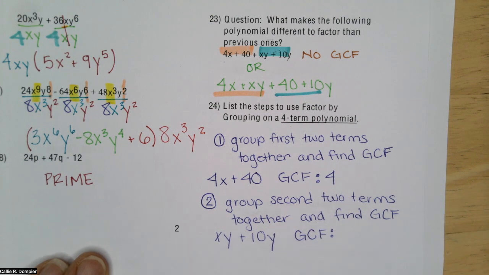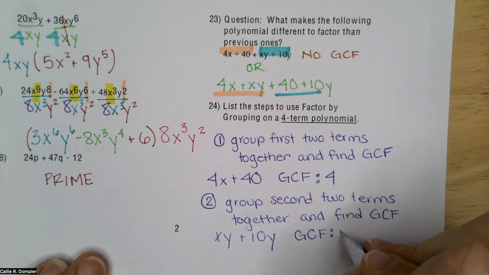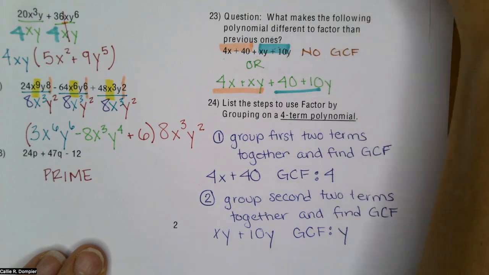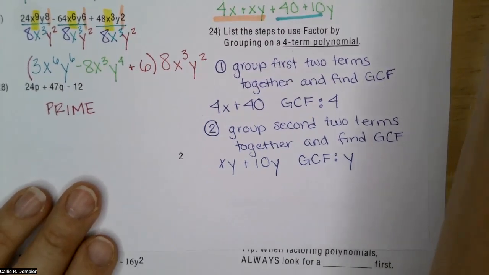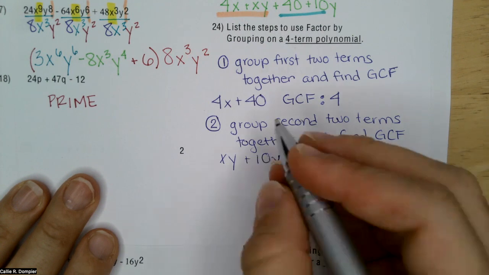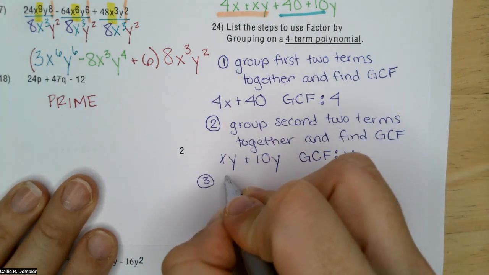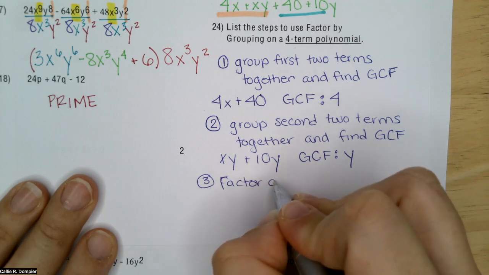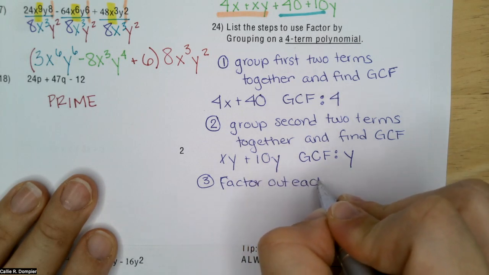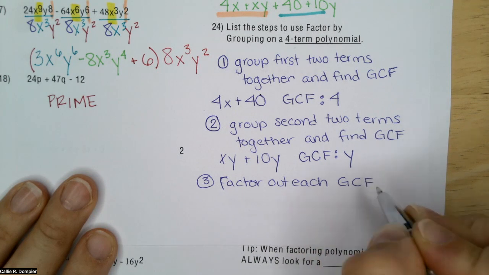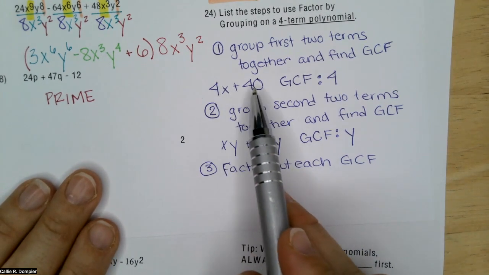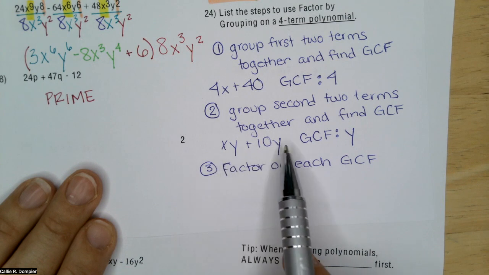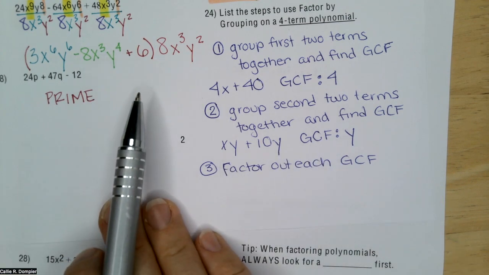The only variable that is common to both is y, and the highest exponent of y is y to the first, so my greatest common factor is y, right? Factor out the GCF. Right, so I decided that 4x and 40 has a GCF of 4. xy and 10y have a GCF of y.